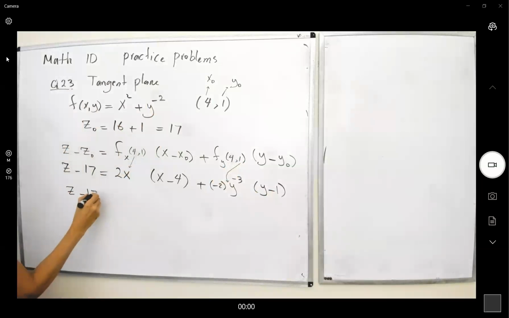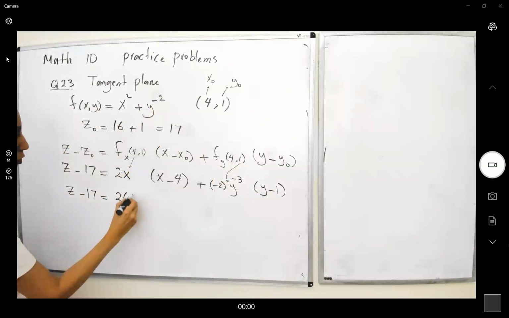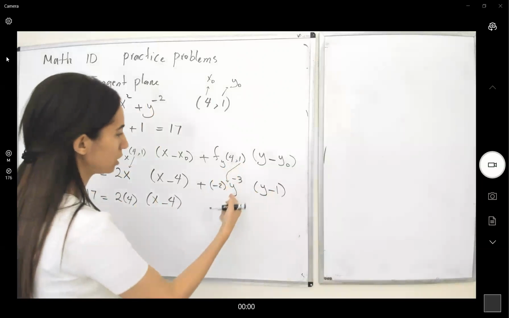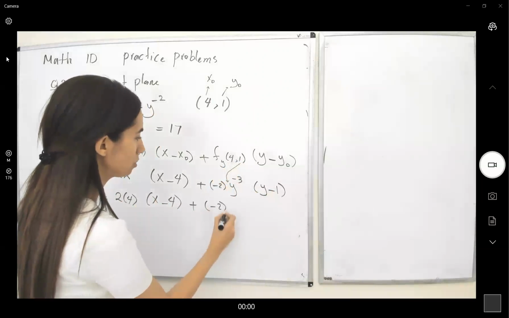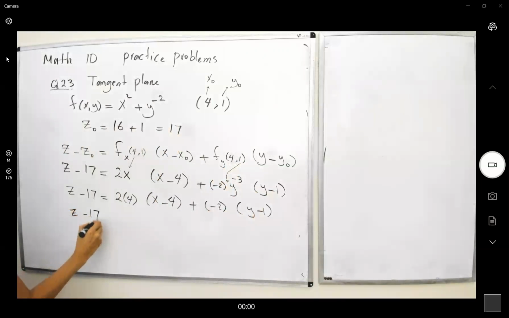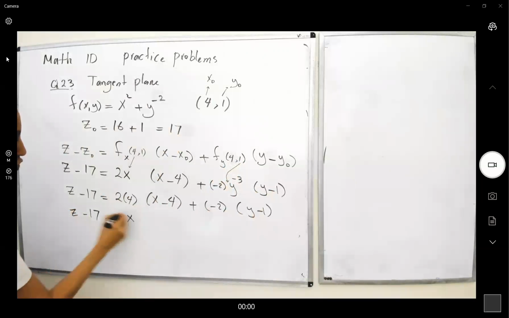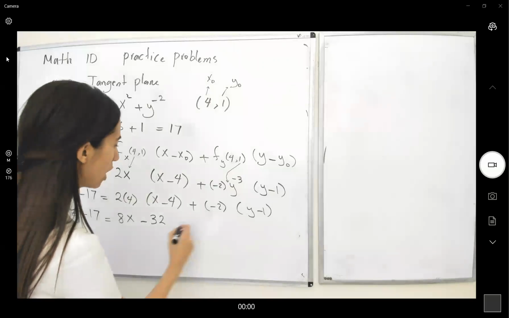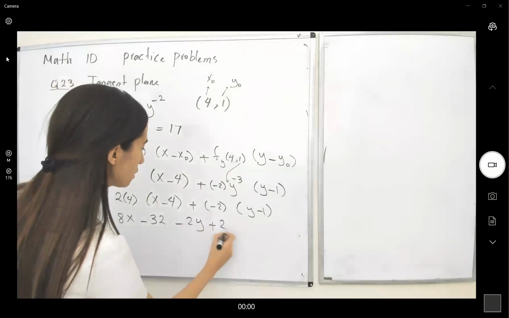So z minus 17 is equal to 2 times 4 times x minus 4. And here, if you plug in 1, you get just negative 2 times y minus 1. So z minus 17 is equal to 8x, distributing 8 into parentheses, minus 32, and here you have negative 2y plus 2.